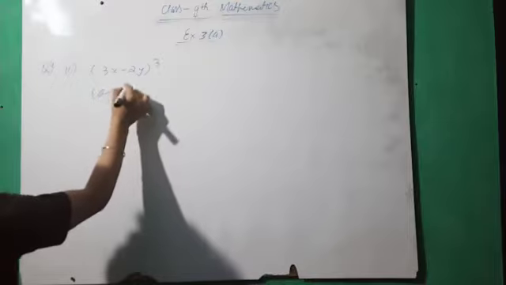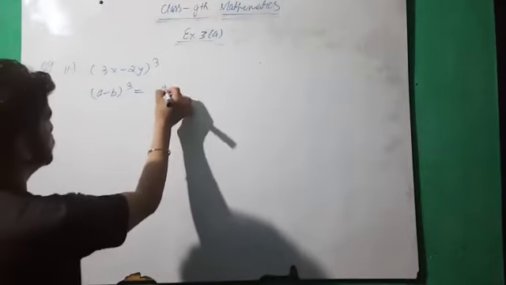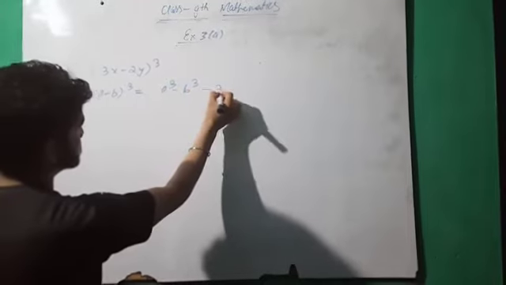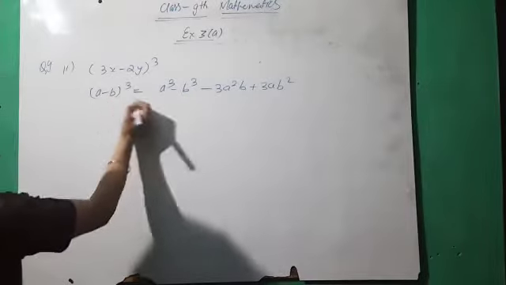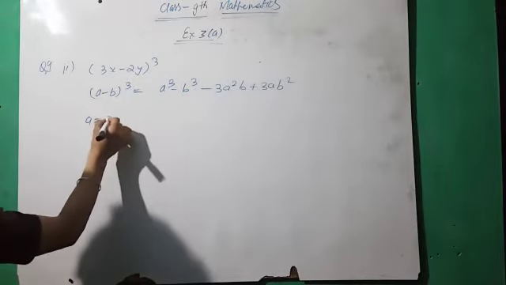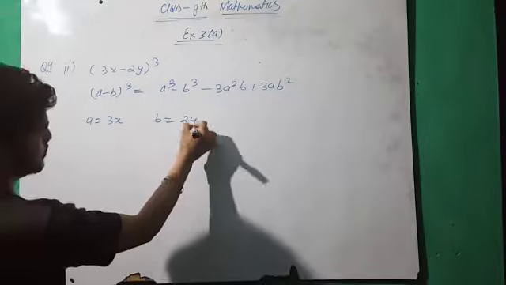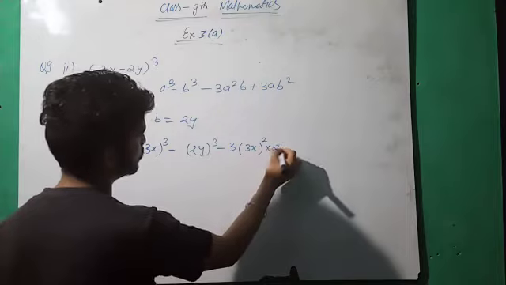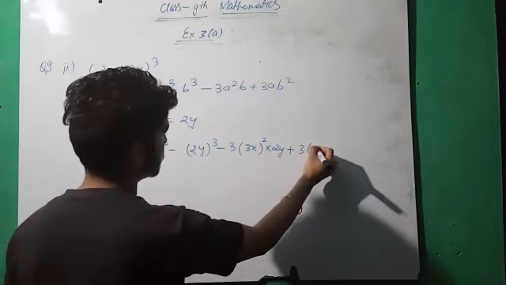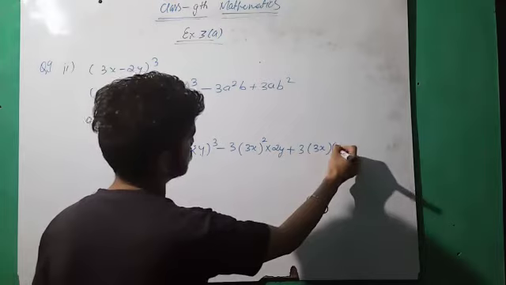What is the formula for that? a cube minus b cube minus 3a square b plus 3ab square. So if you apply this, a equal to 3x and b equal to 2y. So what is a cube? 3x cube minus b cube 2y cube minus 3a square, 3x square, b 2y, plus 3a 3x plus b square 2y square.